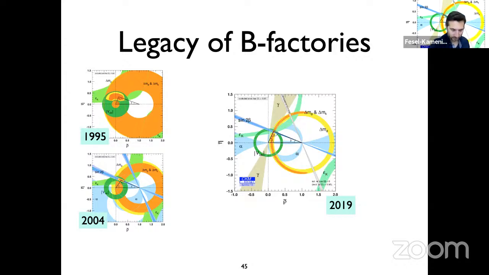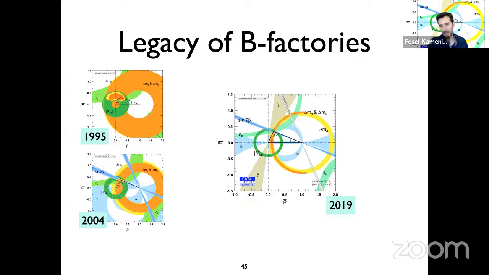And soon after the B factories reported their first results, this determination of the CKM was very much improved, as is shown in this picture from 2004, which was after a few years of running of the B factories.